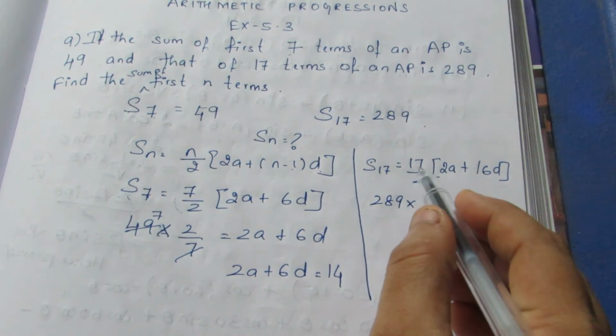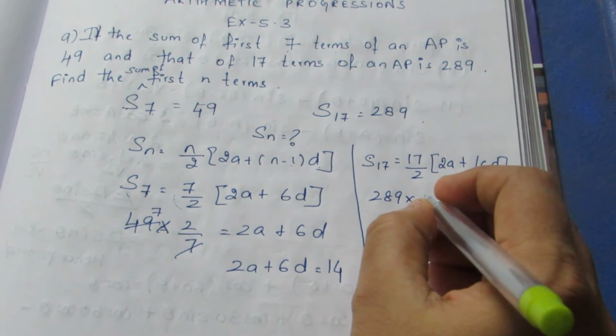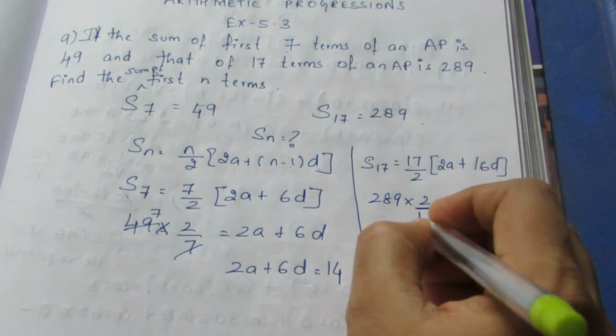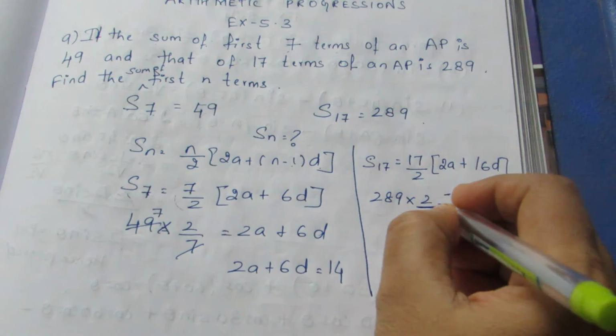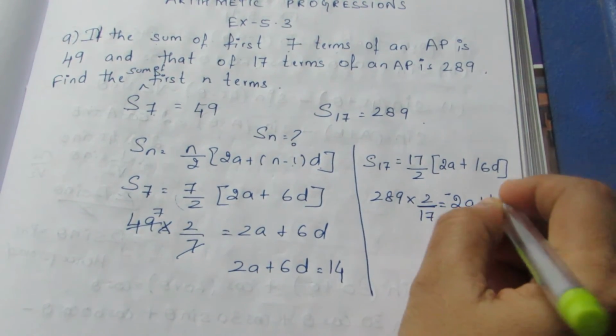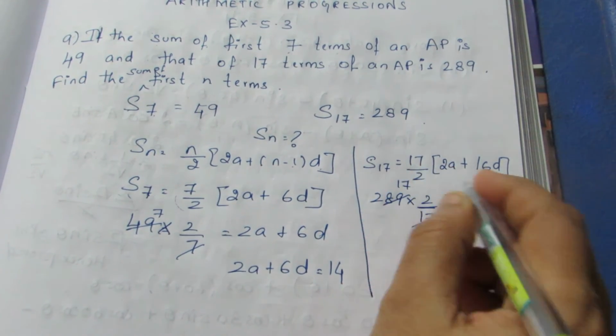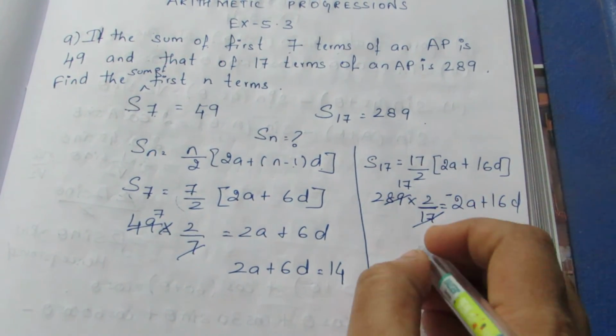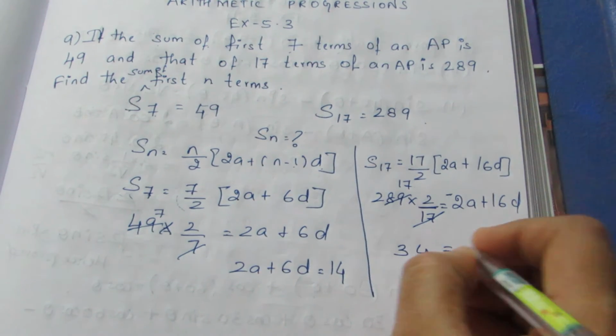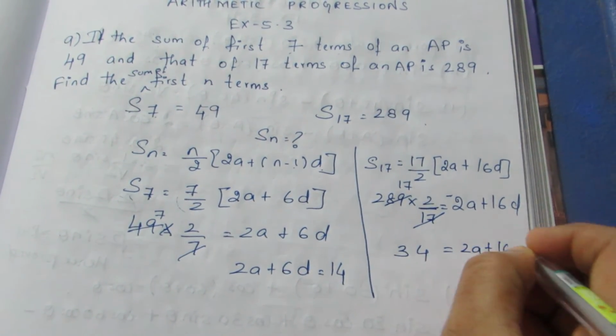The multiplied number will come as a divide, and the divide will go as a multiply, as a reciprocal, is equal to 2a plus 16d. 17 17s are 289, so this becomes 17. Here you can multiply, this becomes 34 equal to 2a plus 16d.